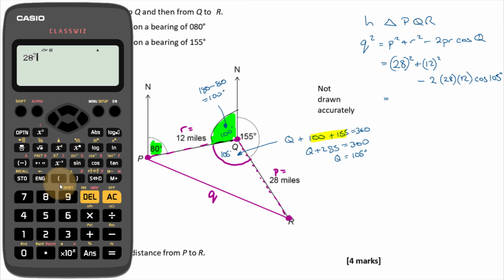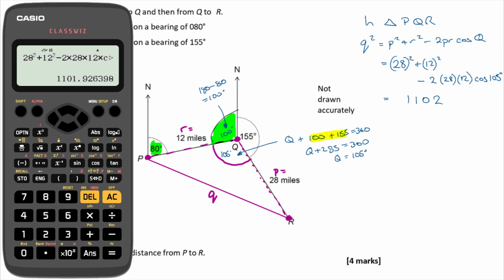If they were smaller numbers, I might do a little bit more in my head first before I tapped it in. But I don't know what 28 squared is, so I'm just going to tap it all in. So 28 squared plus 12 squared minus 2 times 28 times 12 times the cos of 105. Now that comes out to 1102 to four significant figures.